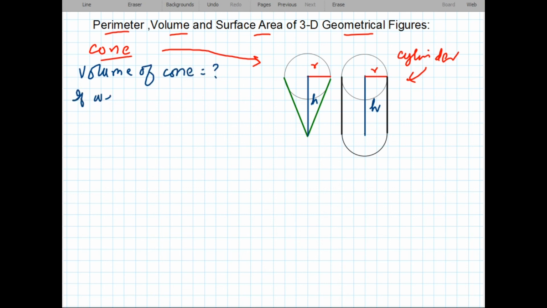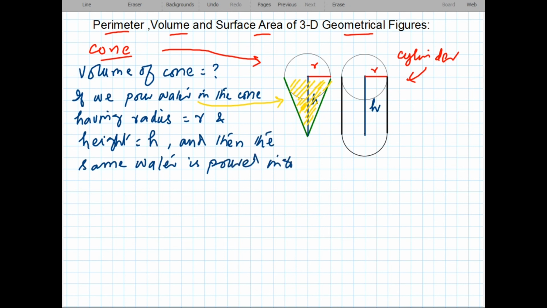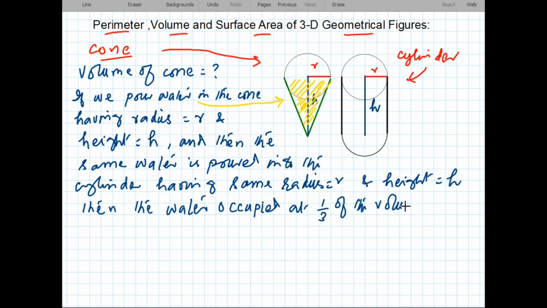If we pour full water in the cone as shown, having radius is equal to r and height is equal to h, and then the same quantity of water is poured into the cylinder having same radius is equal to r and height is equal to h, then the water occupied in the cylinder is 1/3 of the volume of the cylinder as shown in figure.